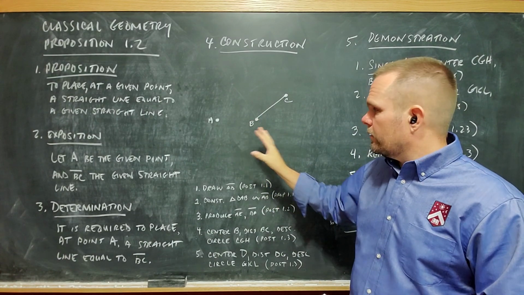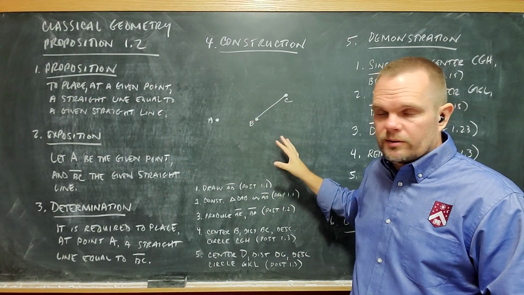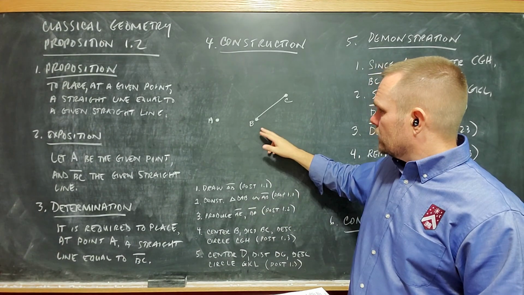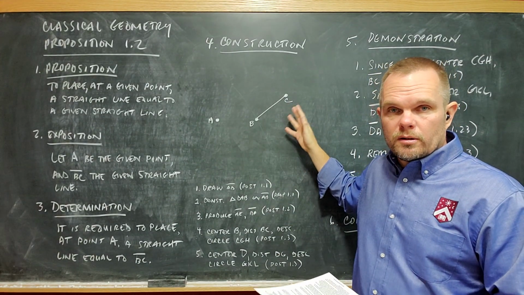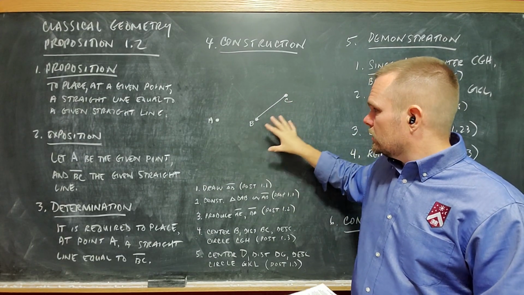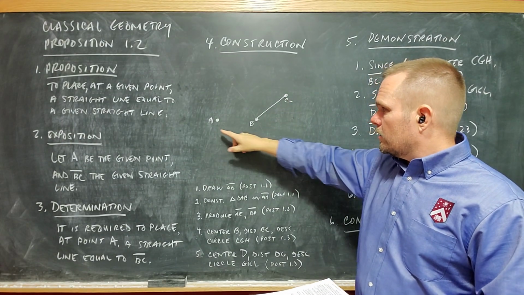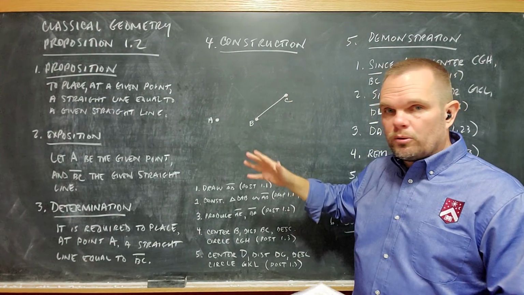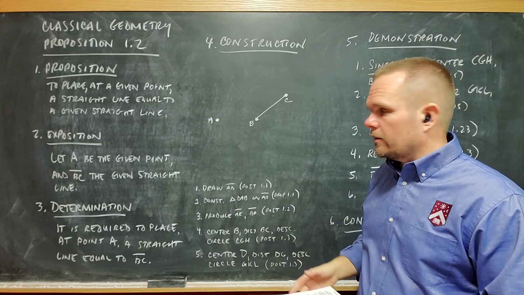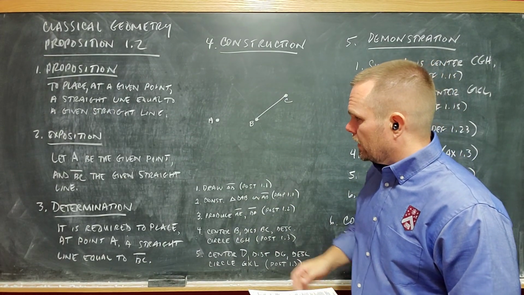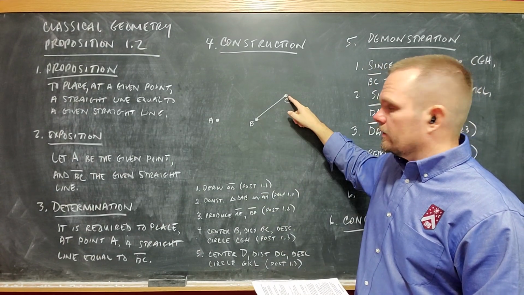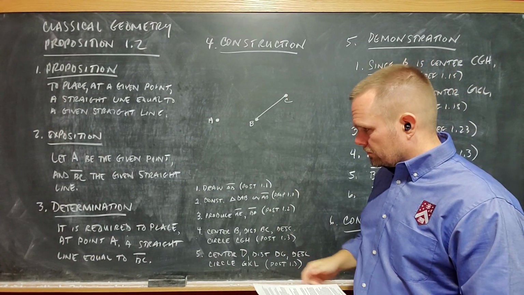There's no need for these to be put in any certain place to work on this proposition. I tried to make it look a little crazy by putting it on an angle like this, just to show you that the point and this line can be put anywhere, and the proposition will still be true and will still work out. So A is our given point, BC is our given straight line.